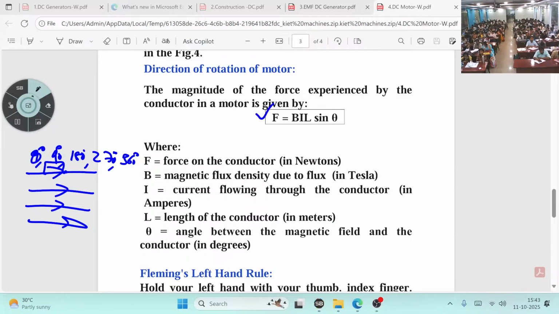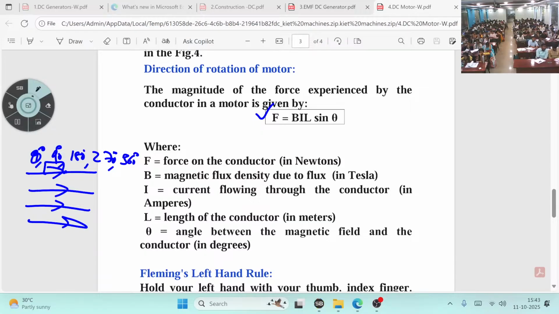Depending upon these angles, the force can be obtained. If the angle between them is 0, then force is minimum. If the angle between them is 90, what is sin 90? 1. Sin 0? 0. So depending upon the angle between the magnetic field and the current direction, we can determine the force.